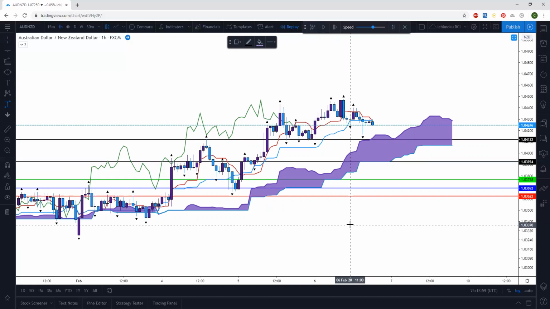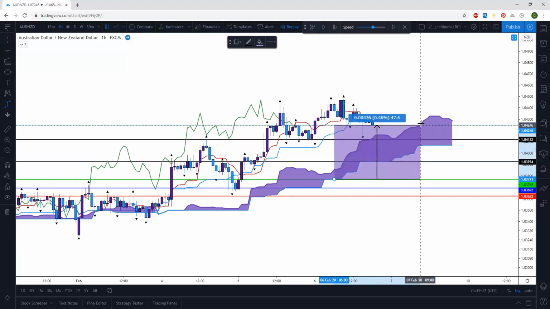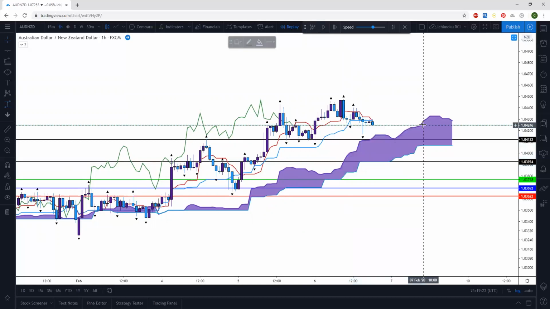Not only that, the lagging span has entered price, right? And so that's all the indication I need for me to go ahead and take my profit. Okay. So let's go ahead and see how much you racked up. You made 48. That's good. 47, 48. Yeah, not bad right there.